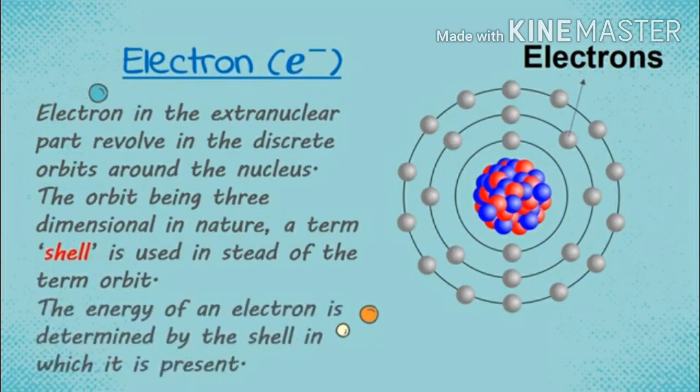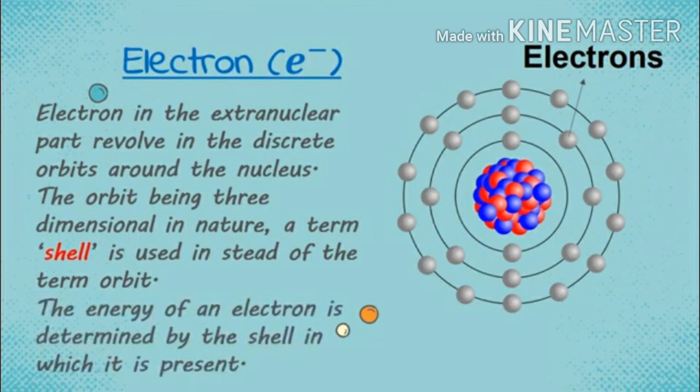Electrons in the extranuclear part revolve in discrete orbits around the nucleus. The orbits being three-dimensional in nature, the term shell is used instead of the term orbit.